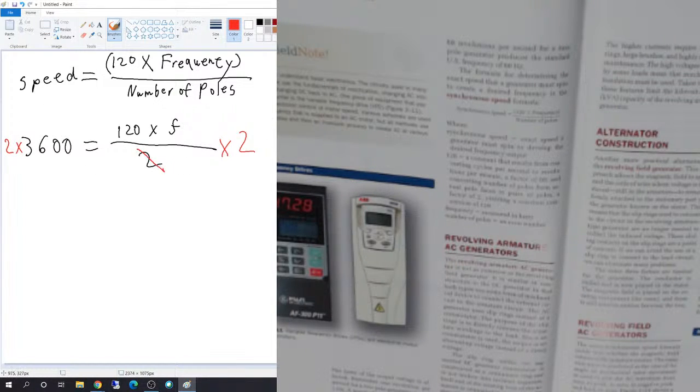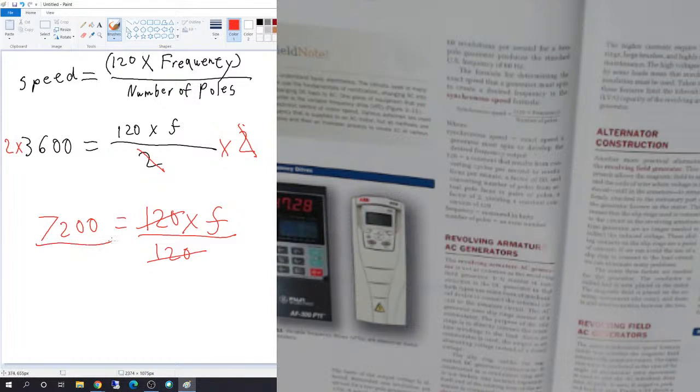That will cancel on this side and give us 7,200 equals 120 times F. Now we'll divide by 120. I can't do that one in my head.